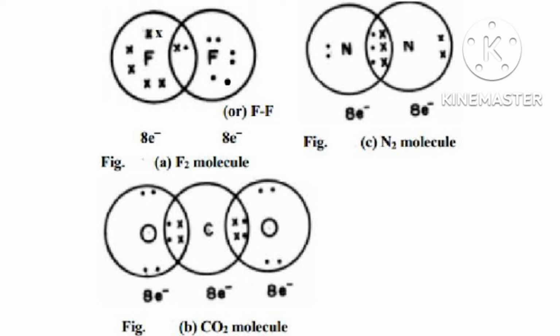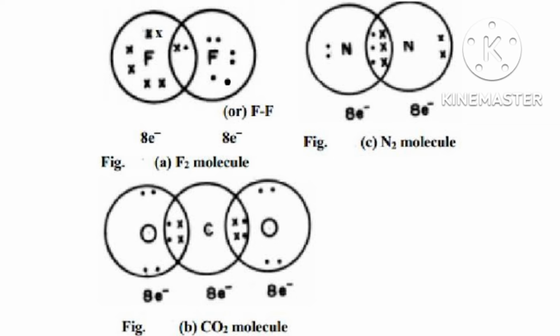The group valence of the element is generally either equal to the number of dots in the Lewis symbol or 8 minus the number of dots or valence electrons. This is how you can calculate valency.